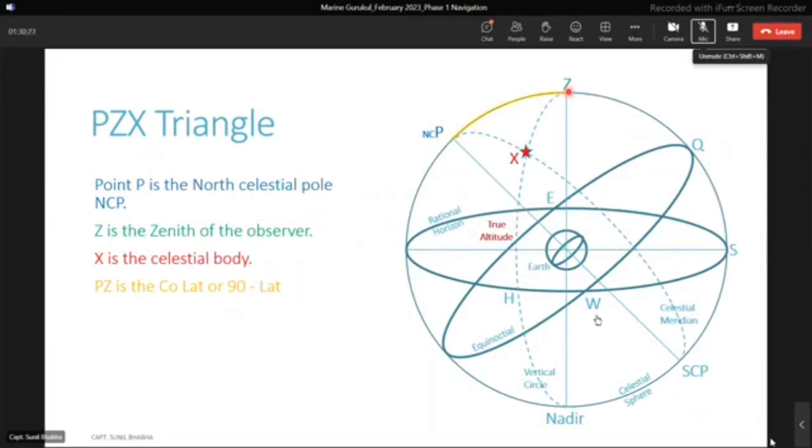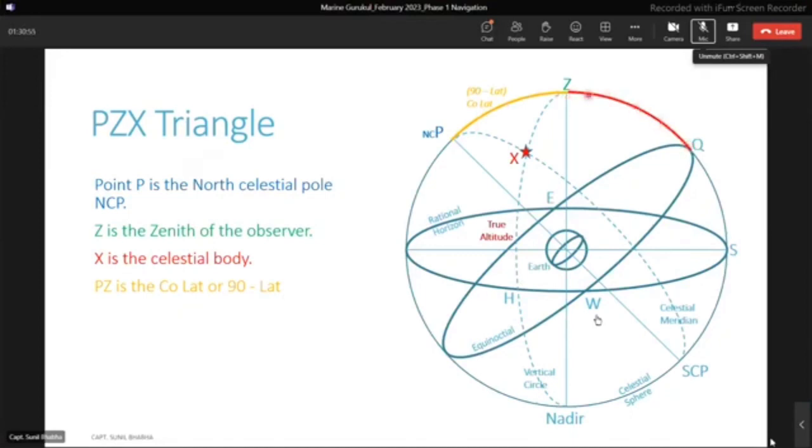So let us highlight this side in yellow. You see the highlighted side PZ of the PZX triangle, and this is equal to 90 minus latitude, also known as colat. So PZ side of the triangle is equal to 90 minus latitude equal to colat of the observer. Let's also mark out the latitude of the observer.